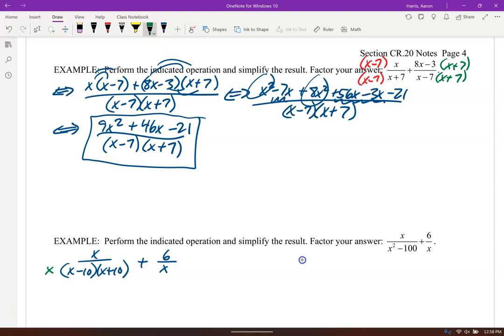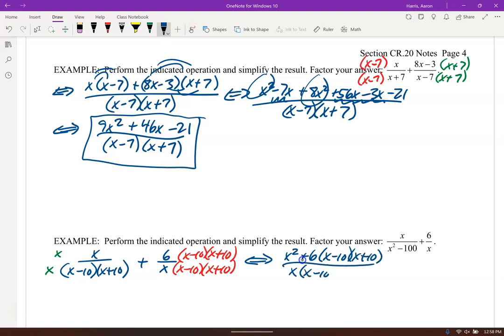I got to give this one an x and an x. The one on the right only has an x, so I got to give it an x minus 10 and an x plus 10. So I'll have x squared plus 6, x minus 10, x plus 10, all over this common denominator.